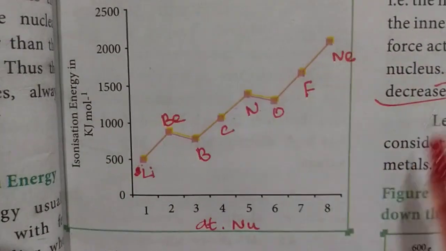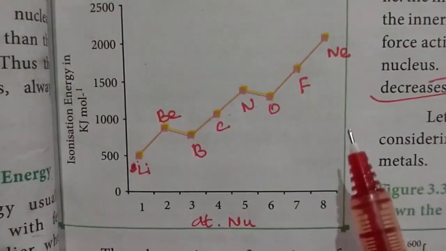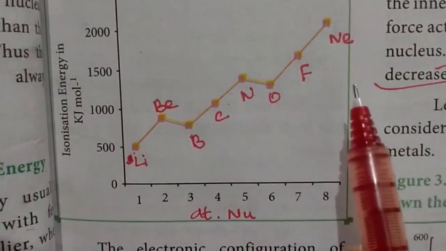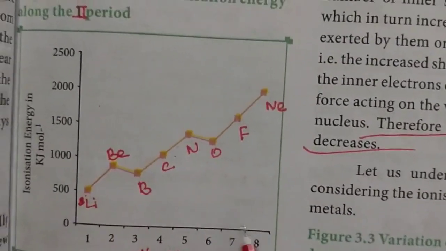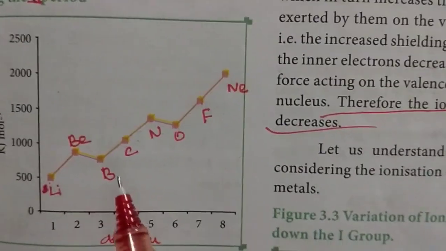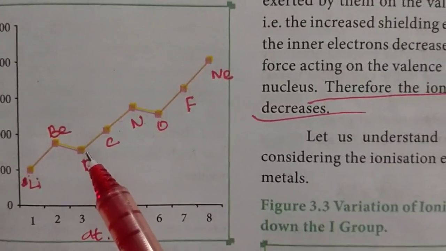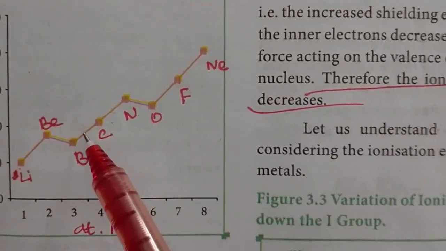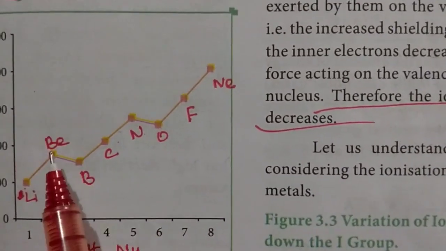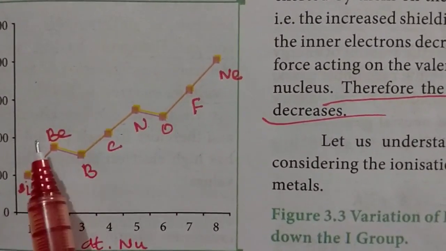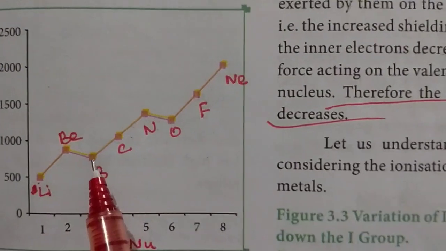So from that we are going to explain the ionization energy of the deviation cases in this period. From that graph, we expected boron to have a higher ionization energy. Why? Because boron has a higher atomic number than beryllium, but it doesn't.